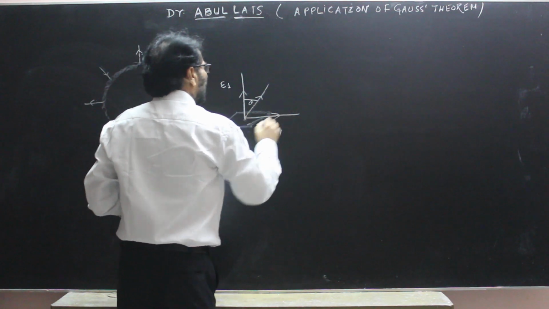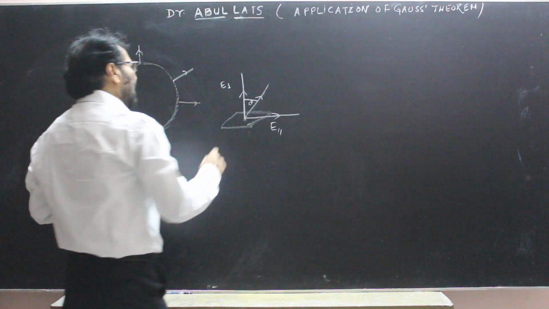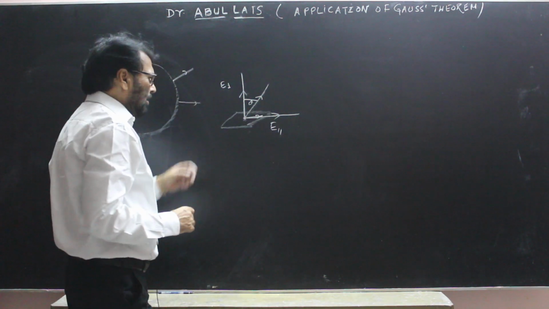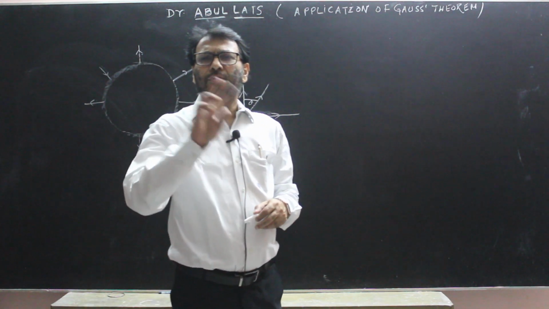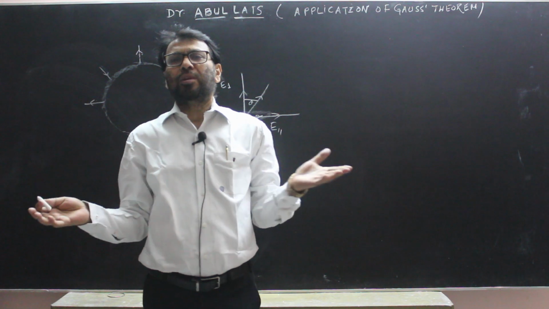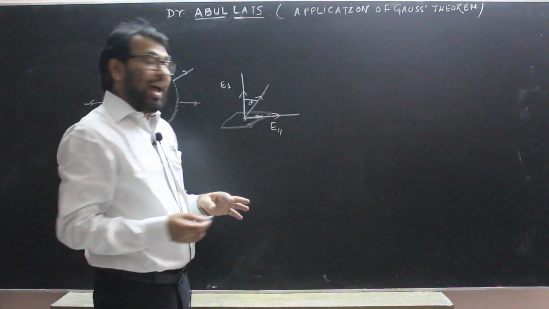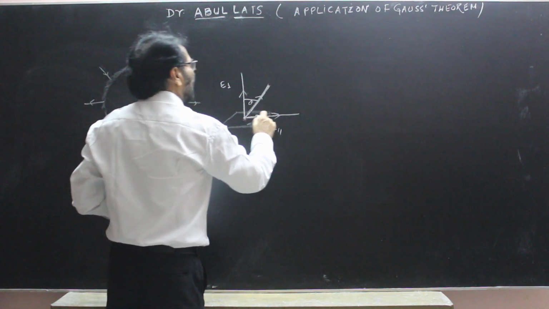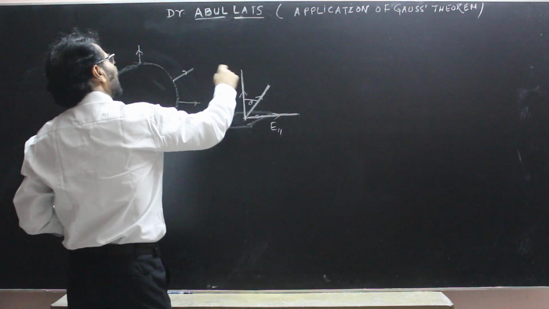This parallel component will exert a force on the free electron, and the free electron will move under this force. But electron can move only when there is a potential difference, and there is no potential difference, so it should not move. And that is why electric field will never have a parallel component, it will have only a perpendicular component.